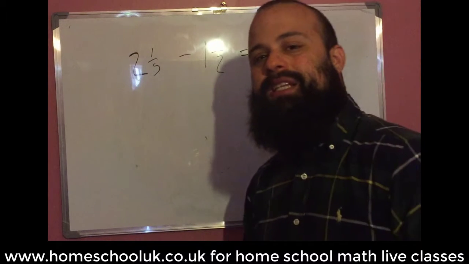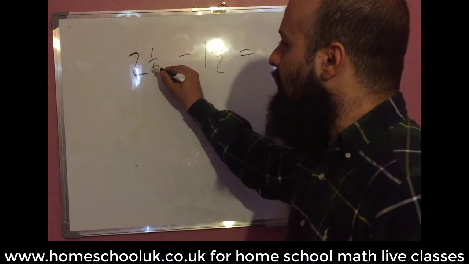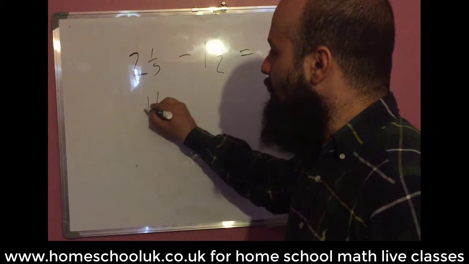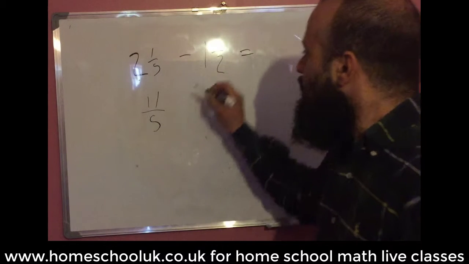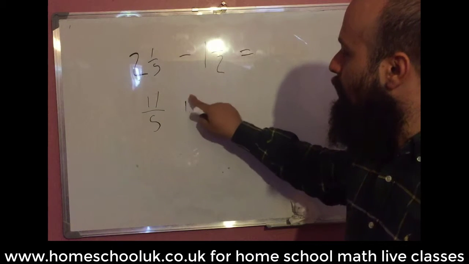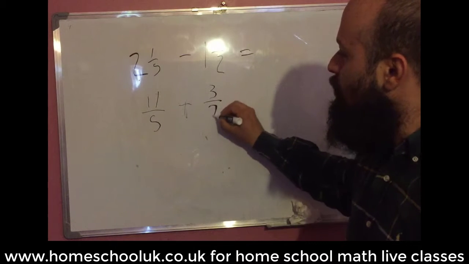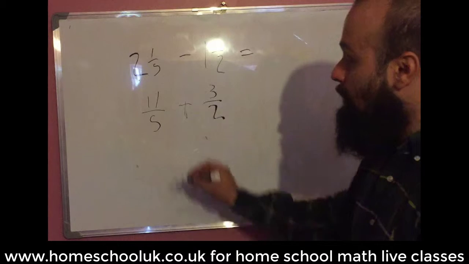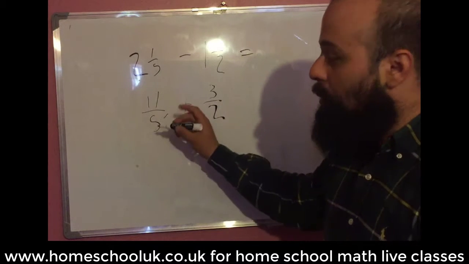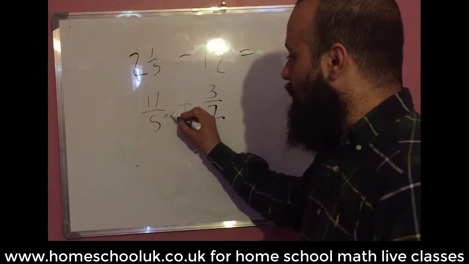So what we do, we change it into an improper fraction. 2 times 5, 10 plus 1, 11 over 5. Change this, 1 times 2, 2 plus the 1, 3. So we're doing take away 3 out of 2. Get the denominators the same. Remember, when you're adding and subtracting, you got to get the denominators the same. So I times it by the opposite number.